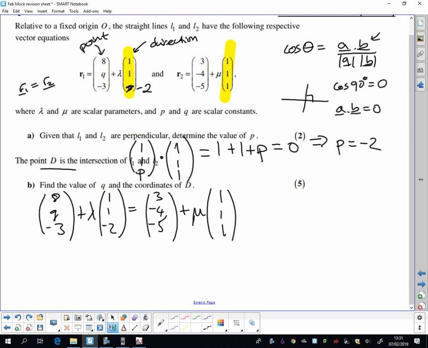Okay, now that means that the x coordinates must be the same, the y coordinates must be the same, the z coordinates must be the same, so I can split this up. So that's x, y, and z.